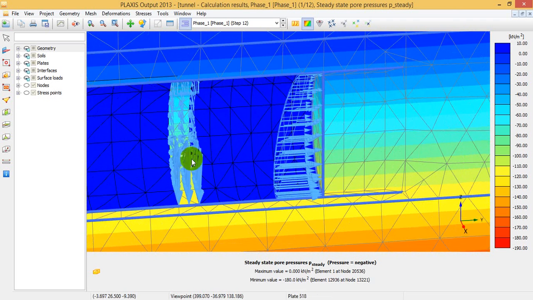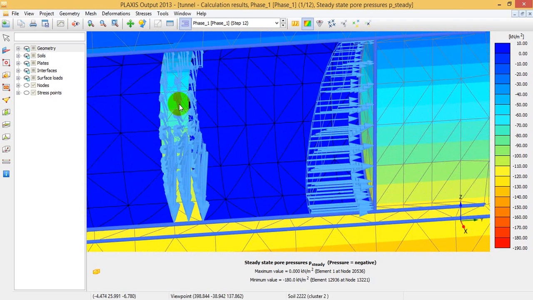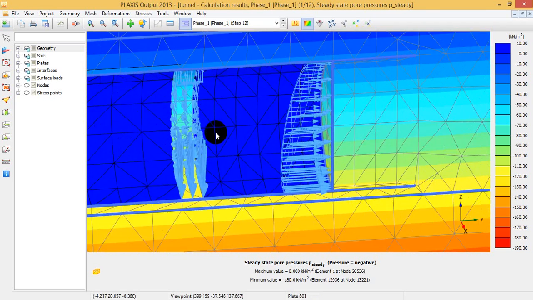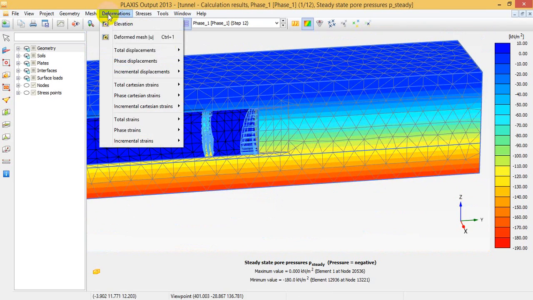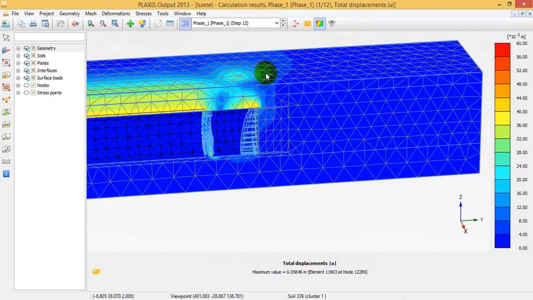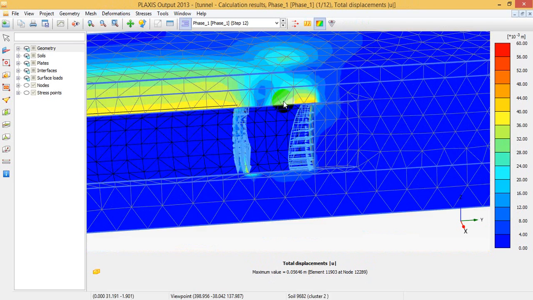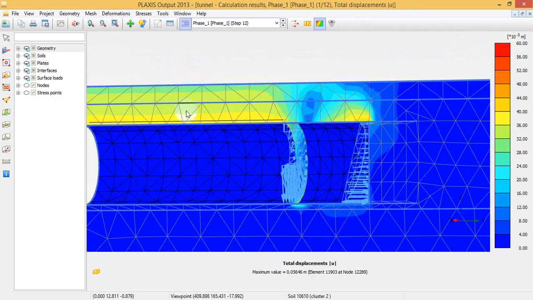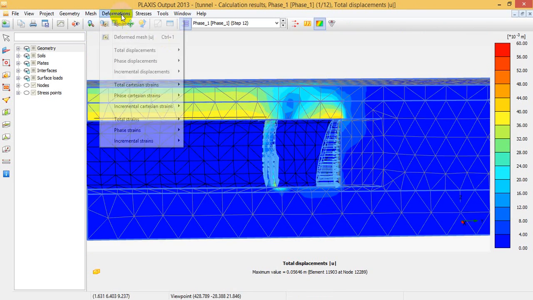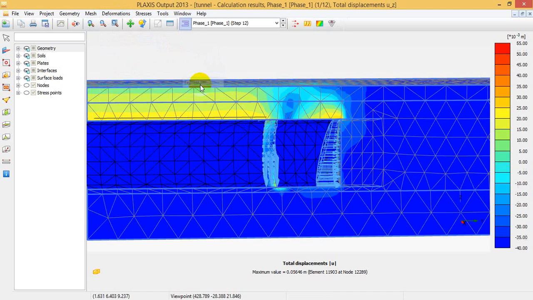Okay. And for this part, this is the grout, and this is another element, and you can see the total displacement happens in this area. This is the total displacement, and also use that.